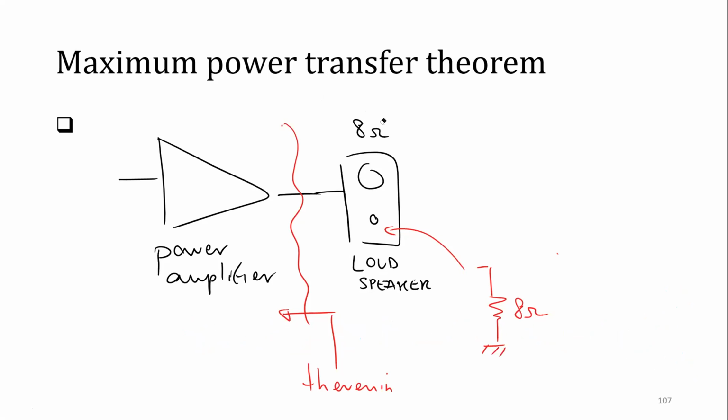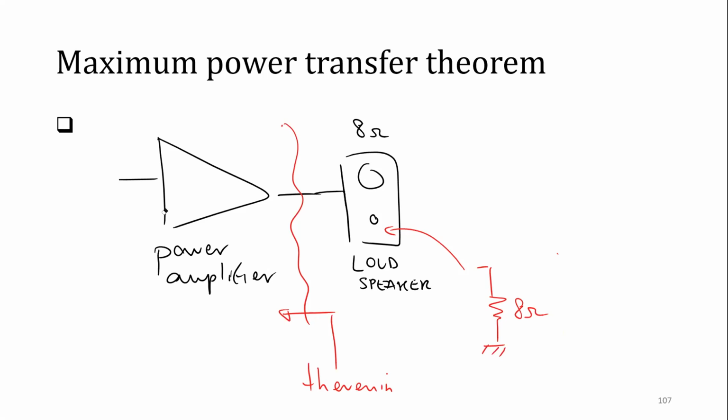Also the speaker can be modeled as a resistance. So from an electrical point of view, we can just replace it with the 8 ohm resistance. And you understand this resistance is very, very low. So we expect that here, if you apply, let's say, 8 volts, there is already 1 ampere, which is a lot. So the circuit should be strong enough, very robust, to deliver this 1 ampere.